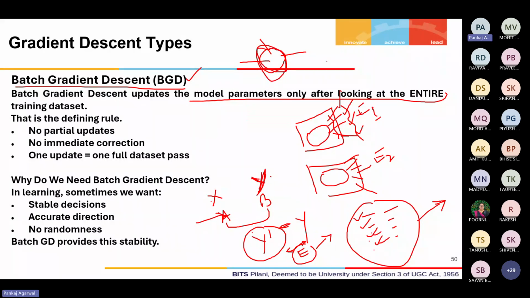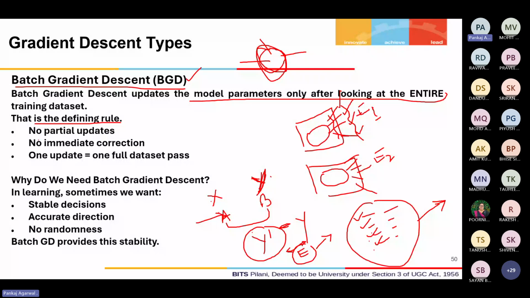We did a kind of batch gradient descent here also. We would not do any partial updates, no intermediate corrections. One full data set pass would take place.